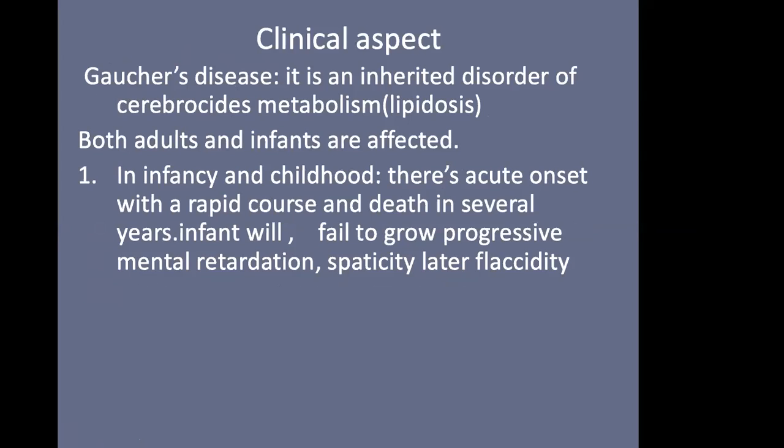It is typically a lipid storage disease in which there is glucocerebroside accumulation in various tissues in our body, especially in the macrophage monocyte system tissues, which are the spleen, liver, lymph nodes, and bone marrow. So its accumulation here causes various clinical manifestations.